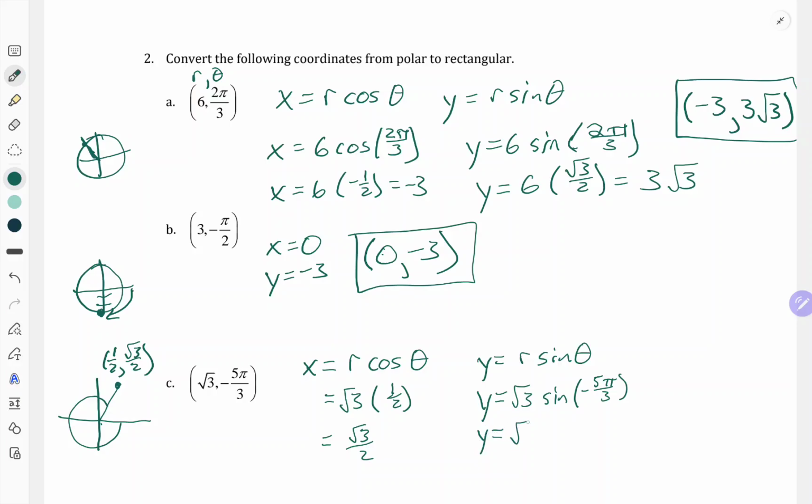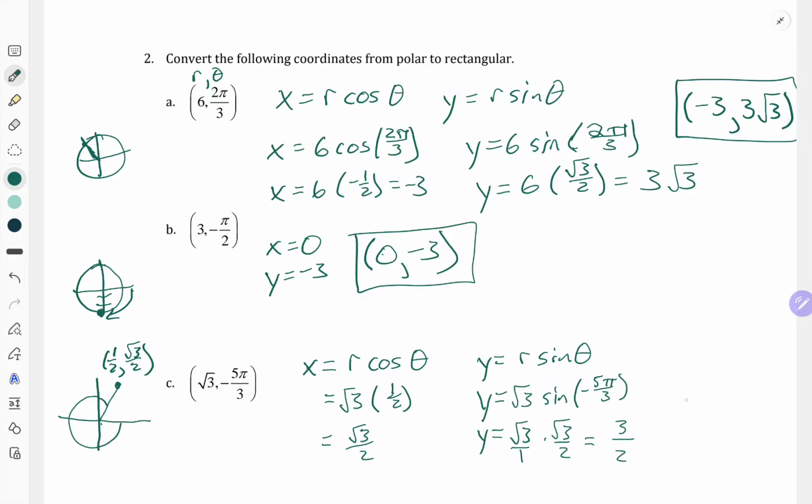So say y is this √3 times √3/2. If you want, you can put that first √3/1 if you would like to see the fraction when you multiply it. So √3 times √3 is just 3, and 1 times 2 is 2. So this is 3/2. No square roots left in that one.